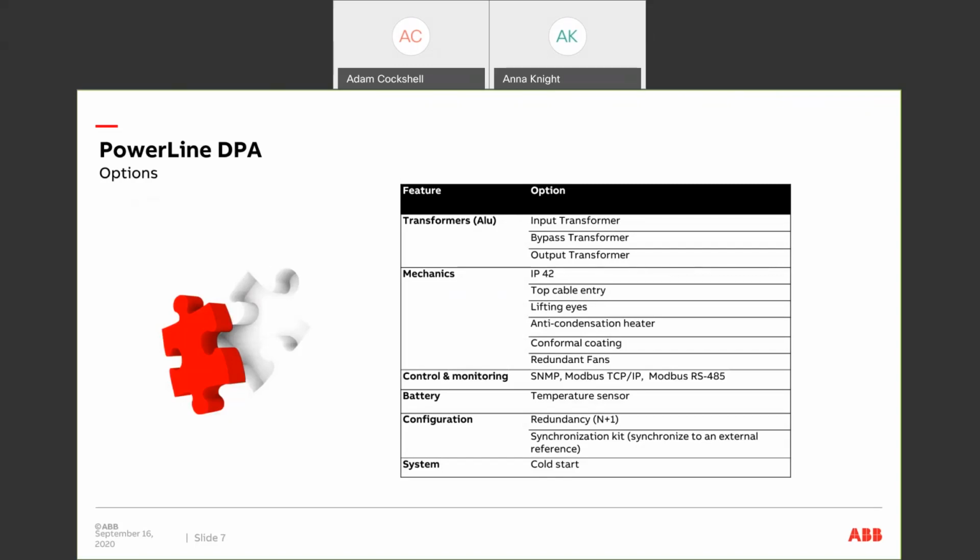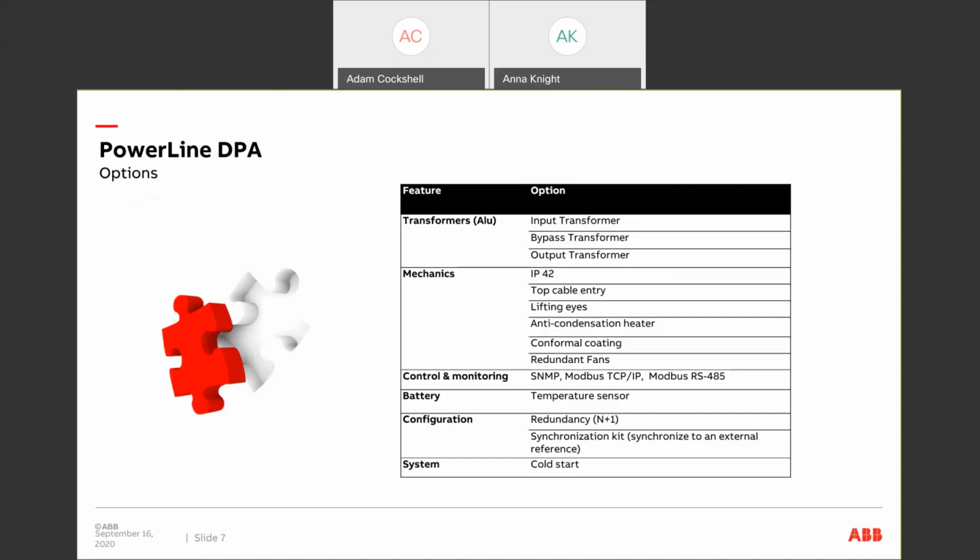We can also build in redundant fans, which are all monitored by the module, and an alert comes out if one of them fails. And a temperature sensor into the batteries, and we can also do what is called a redundant configuration. That's essentially two UPSs sitting side by side.